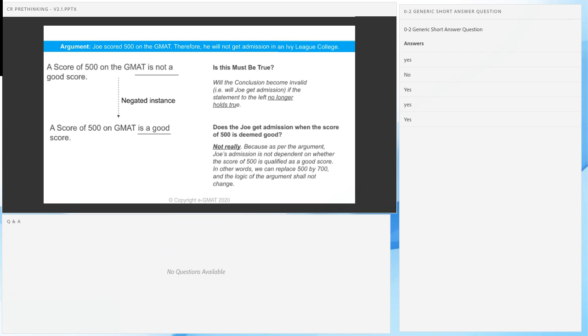Because if you look at this argument itself, it's not predicated on whether you call the score of 500 a good score or a great score or a bad score or a below average score. It is built on that numerical number. In other words, the logic of the argument would remain the same even if that score of 500 were replaced by 700.